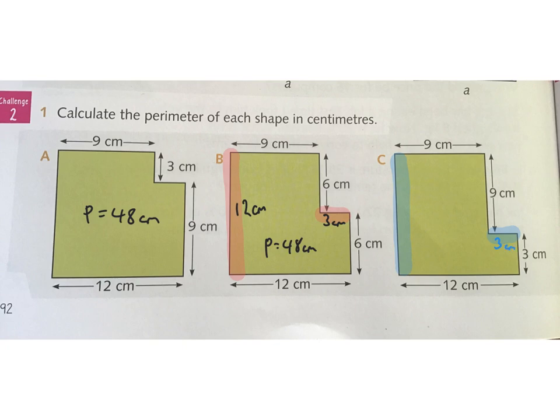And if this big larger vertical side here is missing, but this one is 9 and this one is 3, if we put these together, they'll make this one. So that one must be 12 centimetres. Now that we know all the sides and we've added them up again carefully, the answer is 48 centimetres once again. So you'll see that the answer to all three is the same.